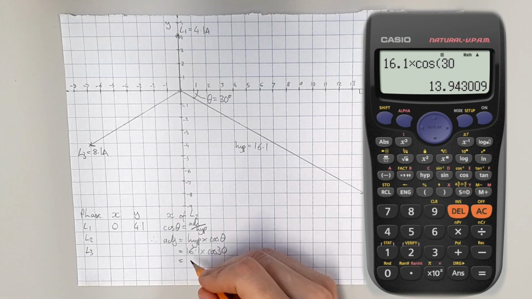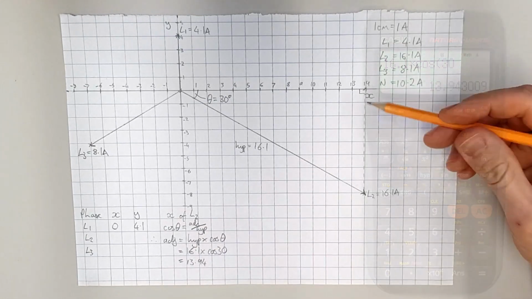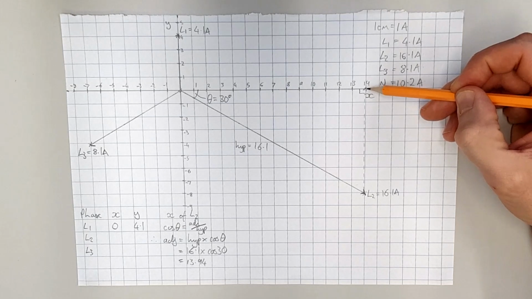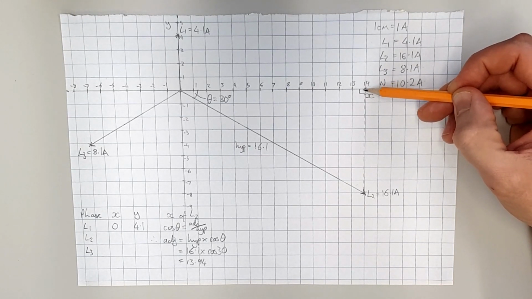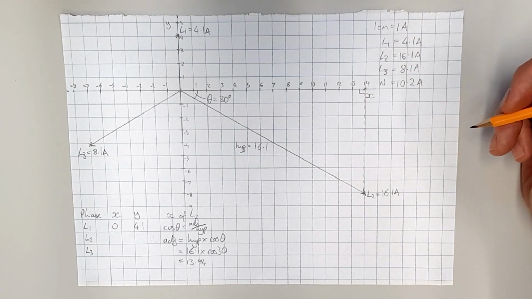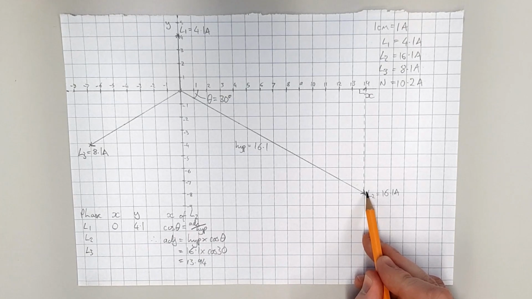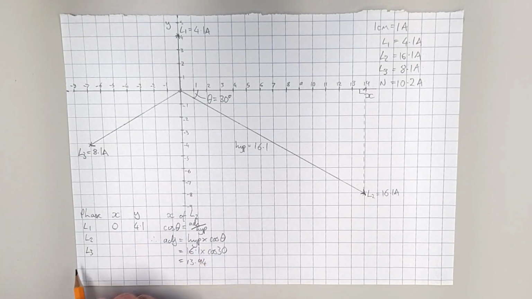So we'll just say that is equal to 13.94. And as you can see, if you follow that line up, it meets the x-axis just behind the 14 mark there. So 13.94 is an accurate representation. So the x value for L2, in other words the coordinate of that position there, is 13.94.